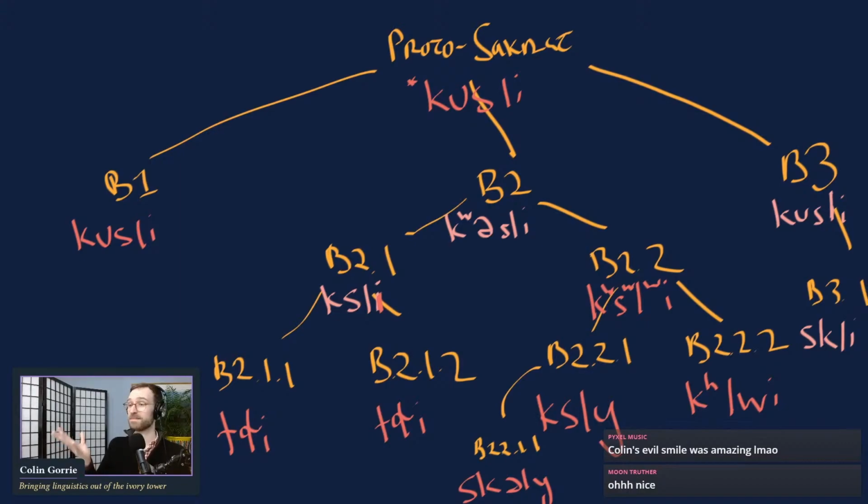Okay, so this is basically what we've got going on here. And to put it into connection with the rest of the work that we've been doing with the call languages, I want some of these to be in contact with some of the call languages. And as a 1,000 subscriber special, we will be, I think, making a Sakrat call pidgin. And so one of these languages and one of the call languages, maybe Linguistics, I don't know, I've just got a real soft spot for that language.